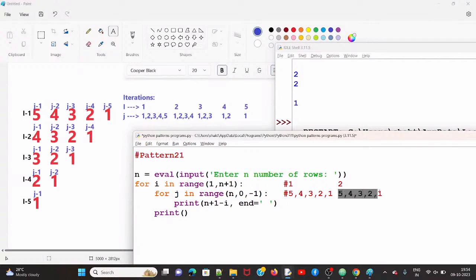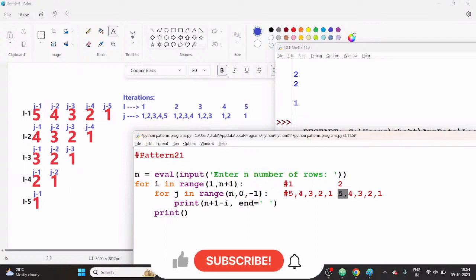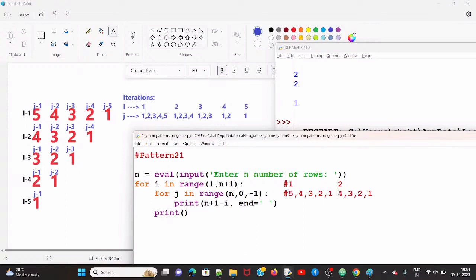All of you, yes or no? But what I want now is to change the starting value. The starting value should be decreased by 1, right? So first 5 comes, next it should decrease by 1, meaning 5 should not come, right? Next again i value 3.